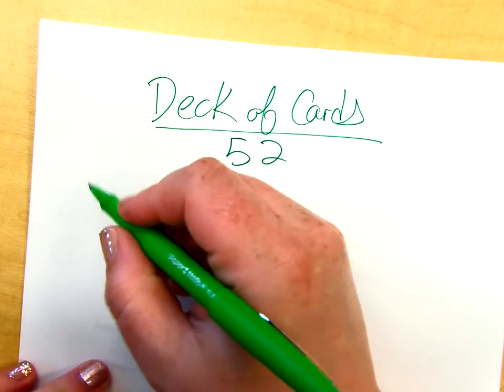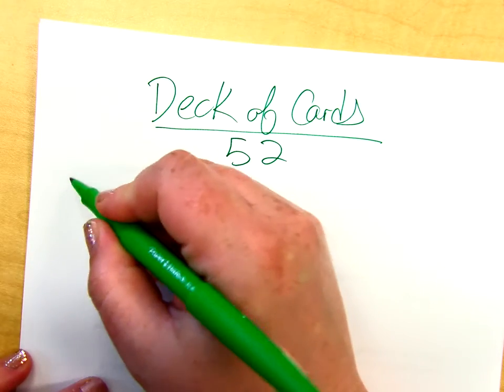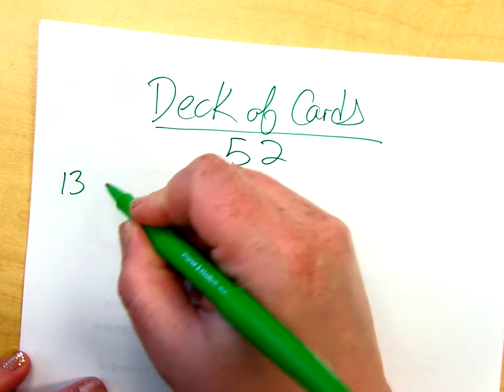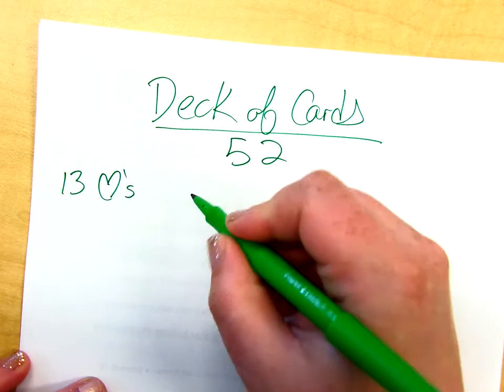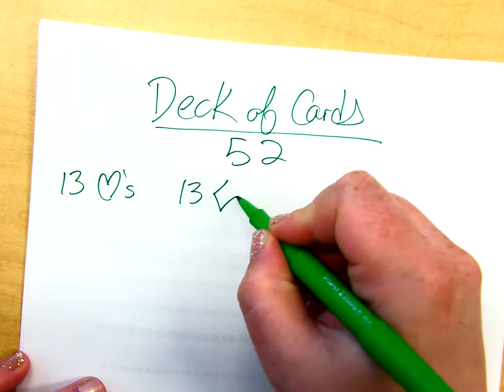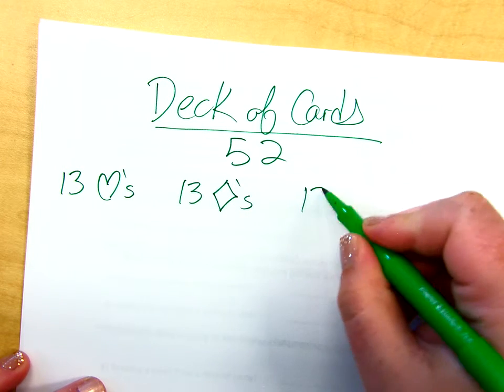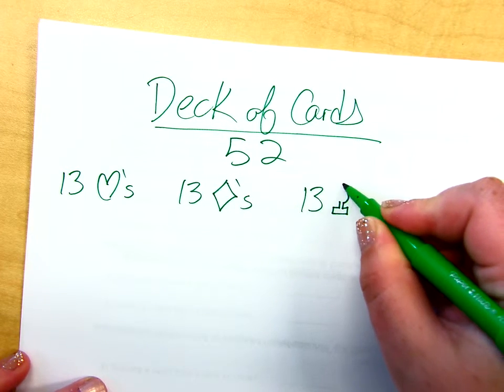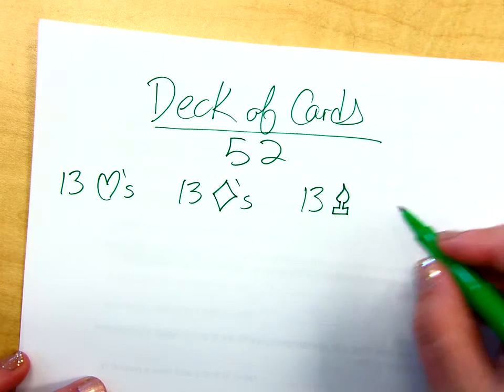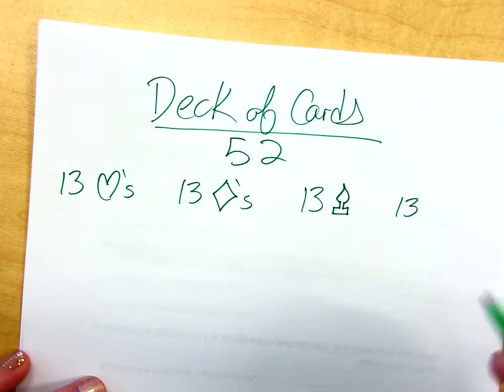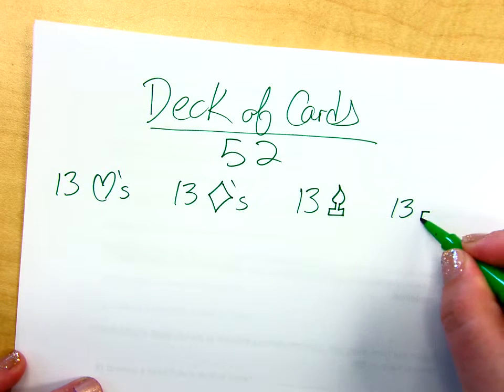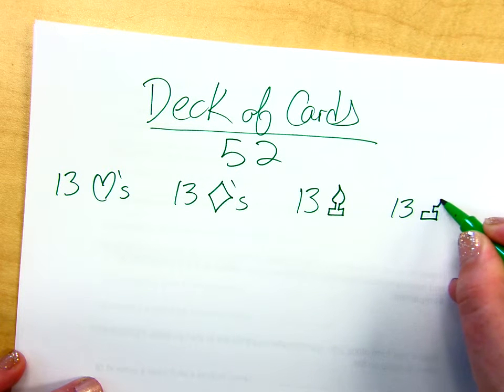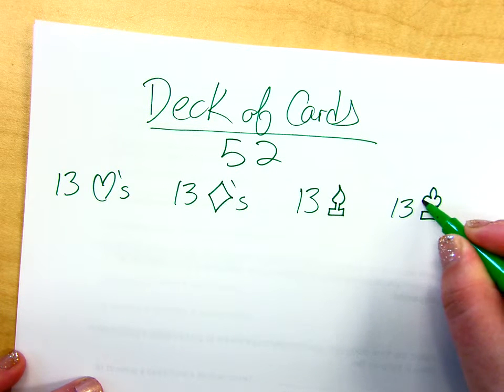There are 13 of each of them. There are 13 hearts, 13 diamonds, 13 spades, and 13 clubs.